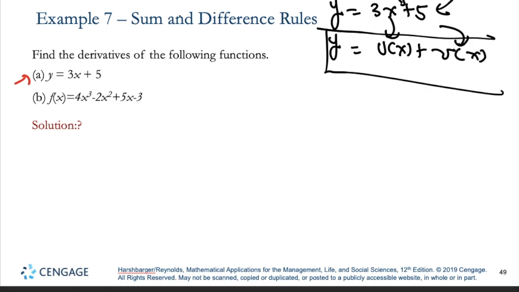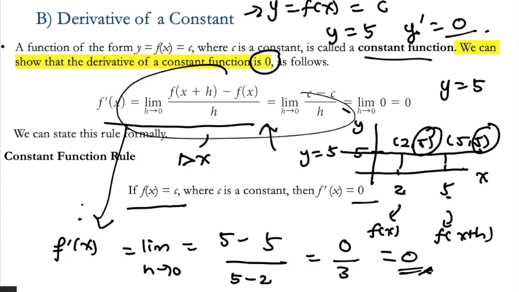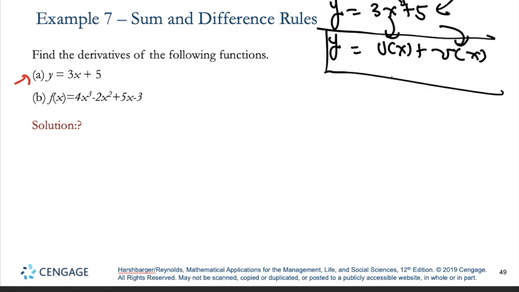Because you don't see x attached to 5, you can use the derivative of a constant function rule. Okay, let's do it. So in this example we have 2 derivative rules that we need to apply. For question A, y prime, which can also be rewritten as f prime x, is equivalent to 3 times x to the power of 1, 1 minus 1, bring 1 here.